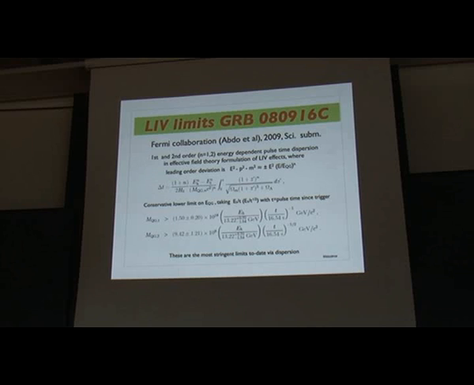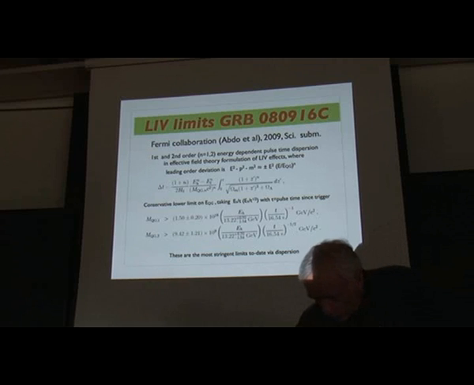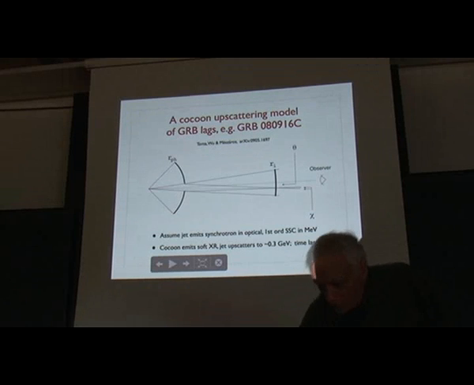So you can put a limit on it because you know delta T. And so in first order, the limit is only 1 order of magnitude below the Planck energy scale, which is the best result so far obtained, more than 1 order of magnitude better than any other limit. In second order, the limit is not terribly interesting, but both of them are the best limits obtained so far. Of course, the explanation could be astrophysical.